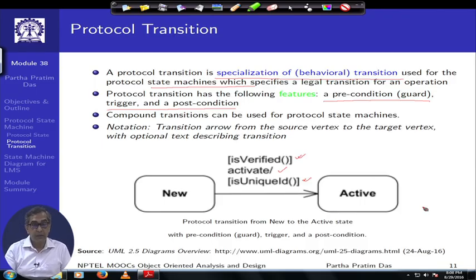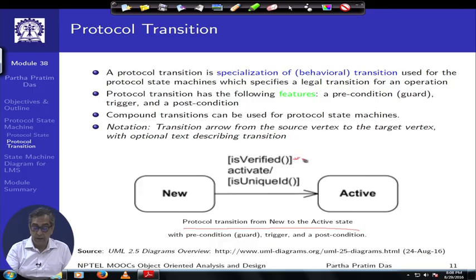So, this concept we have been saying repeatedly in different parts of UML. You have seen similar concepts in the activity diagram. You have seen this concept in the behavioral transition as well. So, here, if we are moving from a new to an active state, then the precondition is: verify that this is a valid ID.